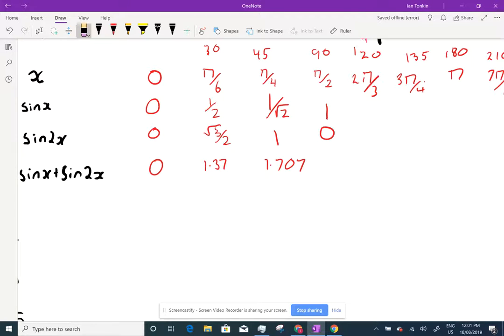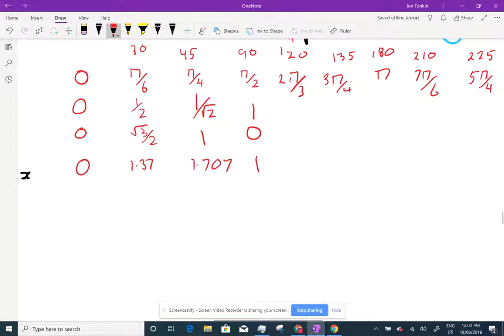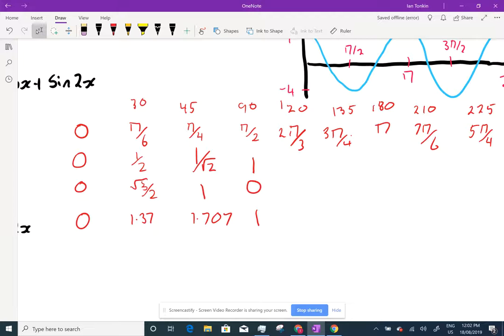And what you do is you create a table of values. And this is what you're plotting here, these ones. So you get 0, and then you know your critical ones. So you're going to get sine 180, and that's 0. And you double that, sine 360, and that's 0.